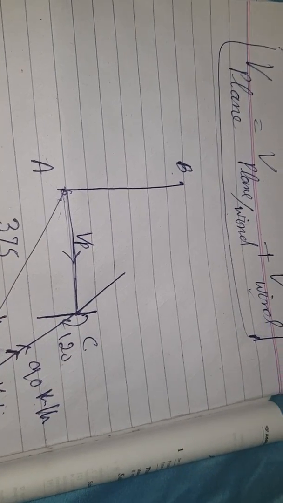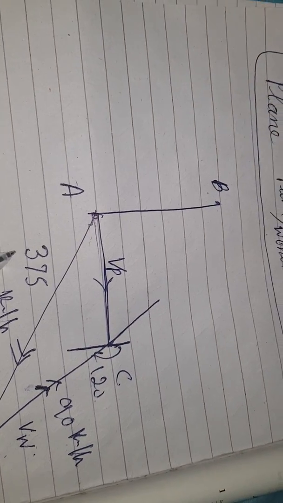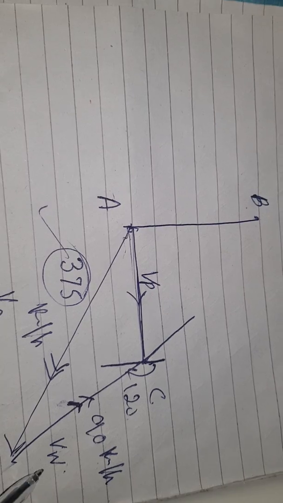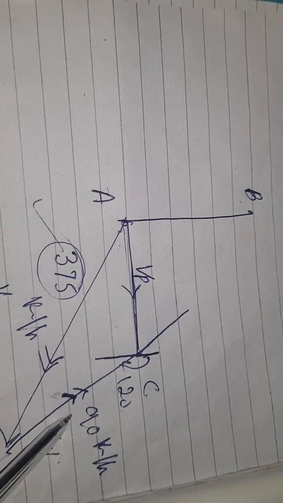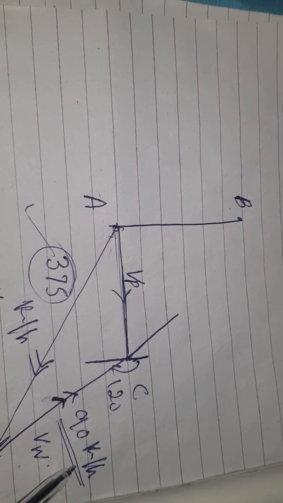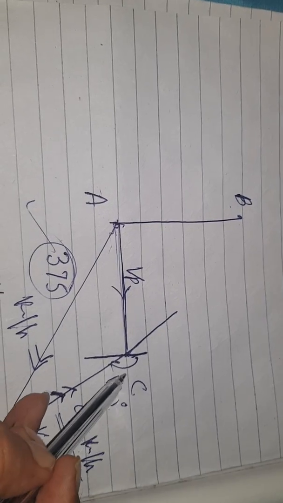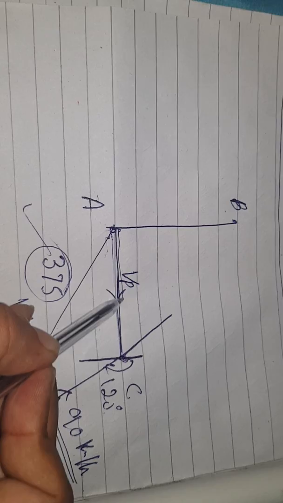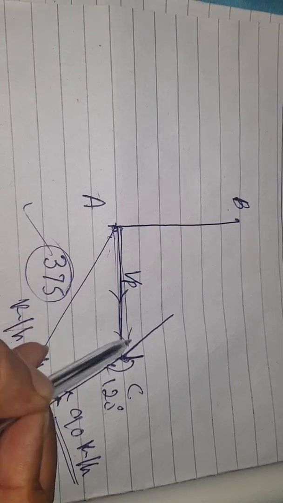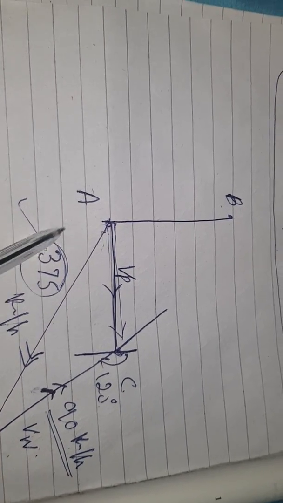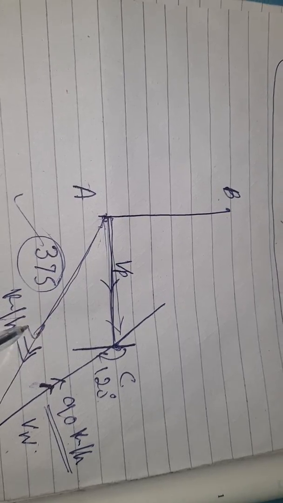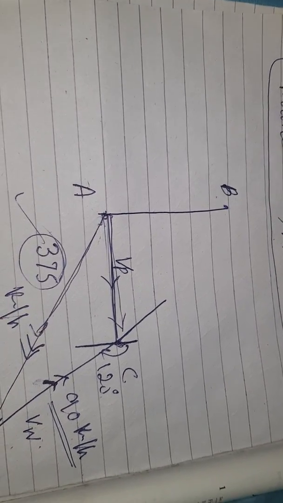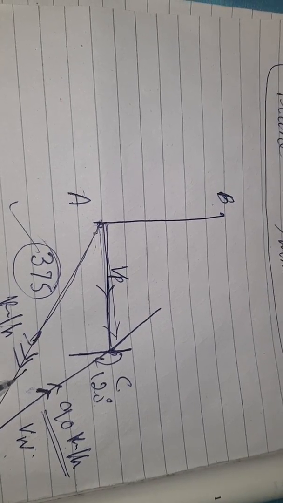Now velocity of the plane is 375 kilometers per hour, and velocity of the wind is now 90 kilometers per hour from 120 degree bearing. Actually he wants to reach there, so the actual path would be this, but the wind is there, so first he will go to this, because we have to plot this diagram with respect to the head and tail rule.